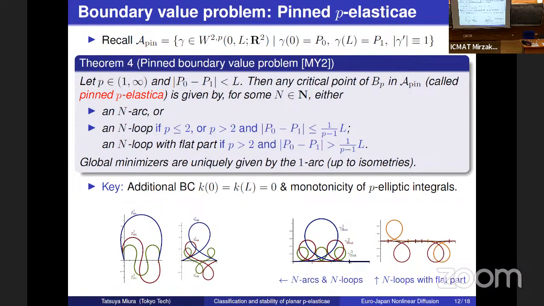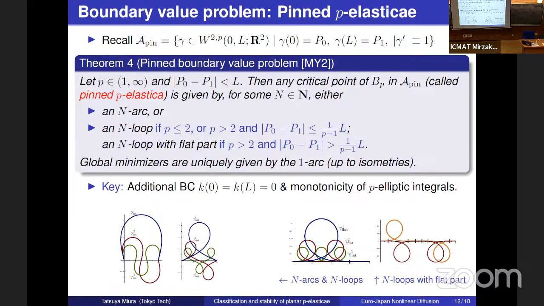So then we have classified all the possible critical points. With this classification at hand, we can go into boundary value problems. And for certain boundary value problems, we can even classify all the possible solutions. But one point I want to emphasize is that even in the classical case, if you choose a very difficult boundary condition, then it is still difficult to classify the possible critical points, even though we have explicit formulas.